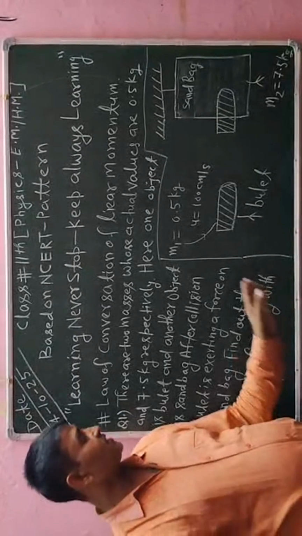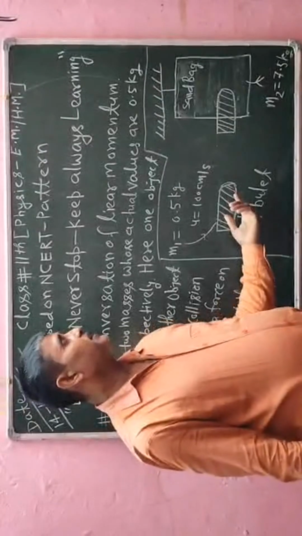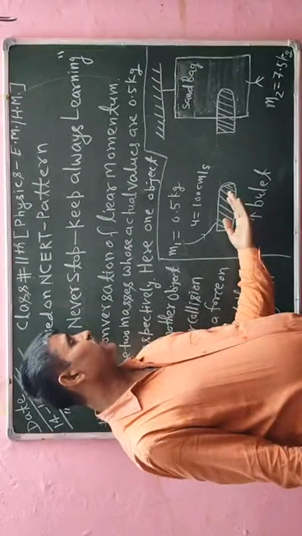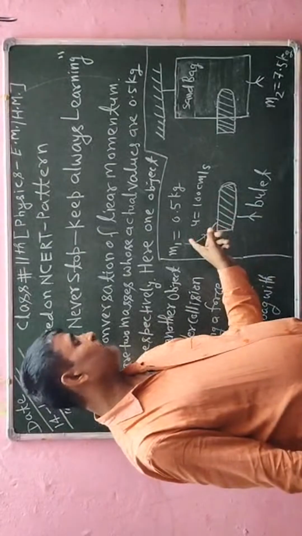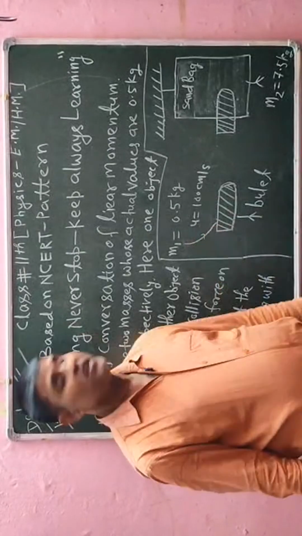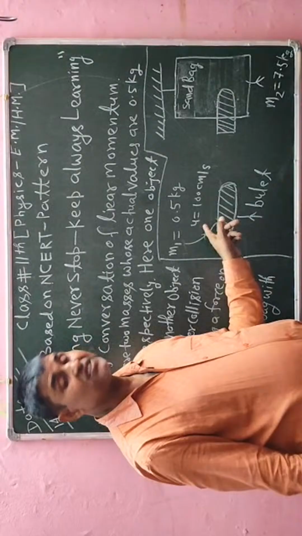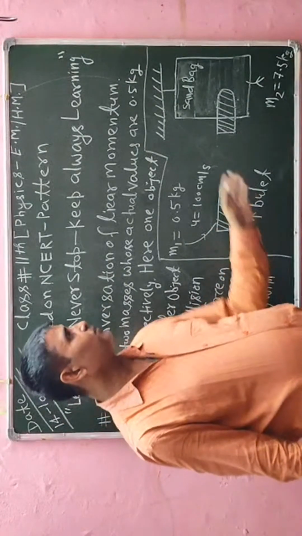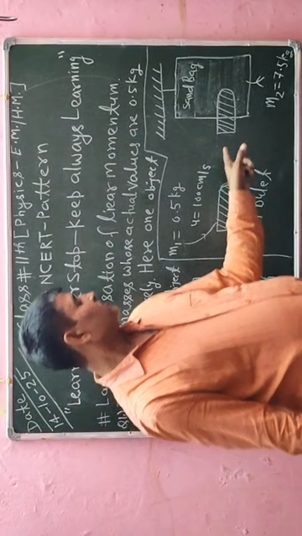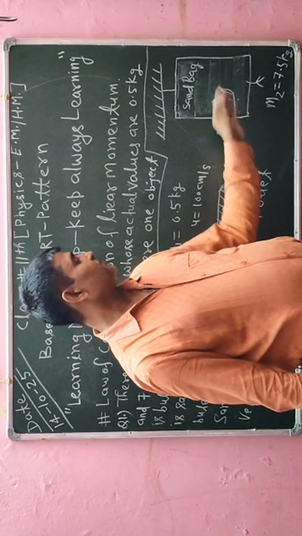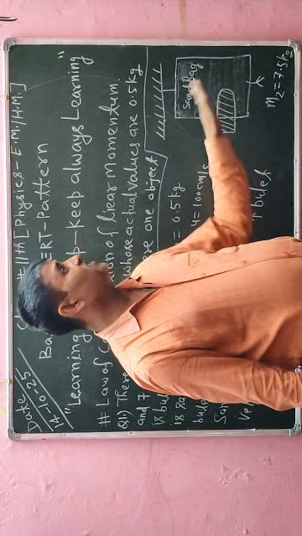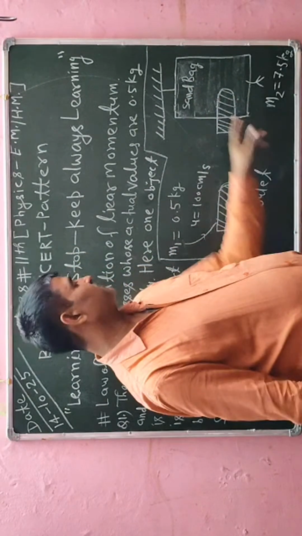It means that before collision there is no extra momentum. We have to calculate the momentum, that is P is equal to m1 into u. This is the momentum before the collision. But after the collision, the bullet will insert inside the sandbag, so after inserting it will stop there, so its final velocity will be 0.